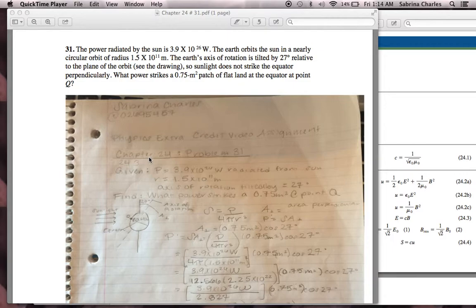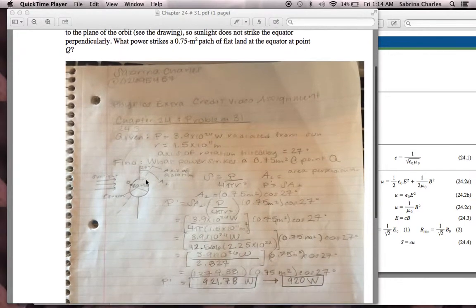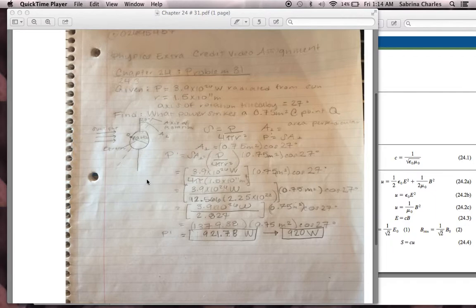What power strikes a 0.75 meters square patch of flat land at the equator at point Q? This is the image that was given within the book. Here's the Earth and the equator, here's point Q and the sunlight coming in, and this is the axis of rotation, and this is the 27 degrees.